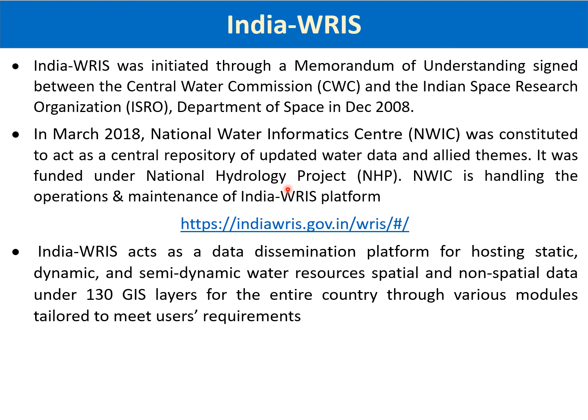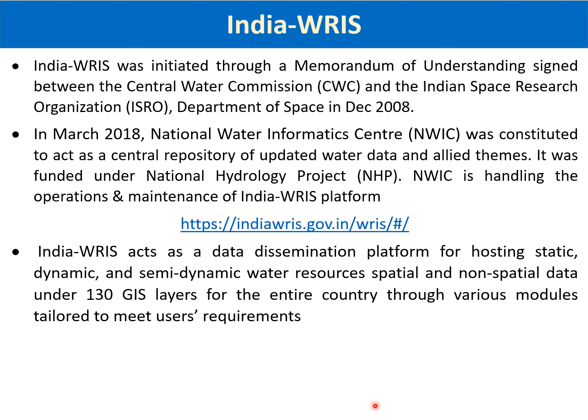Now let us see the data sources available on the India-WRIS platform, India Water Resources Information System. India-WRIS was launched through a memorandum of understanding between CWC, Central Water Commission, and ISRO in the year 2008. And over a period of time, many geospatial layers were developed and the data was collated, and the platform was launched.